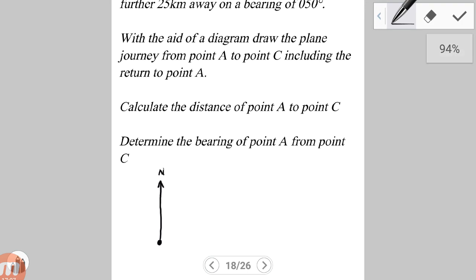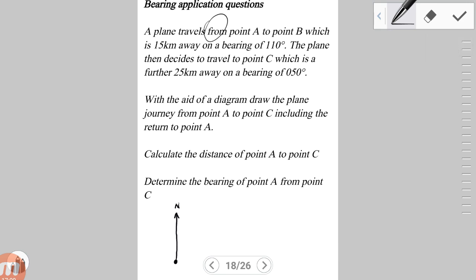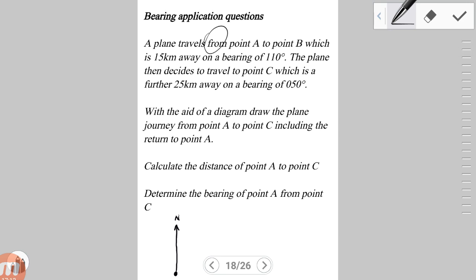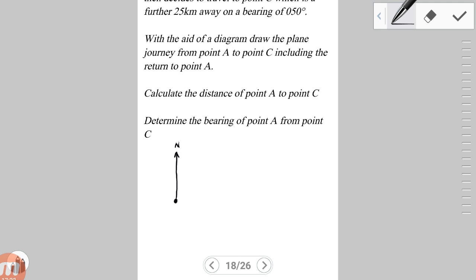Now, the distance of point A to point B is 15, but to know where B is going to go, we are going on a bearing of 110. So we definitely need to know that, okay, 110 is greater than 90, so we need to implement our guideline of 90 degrees.